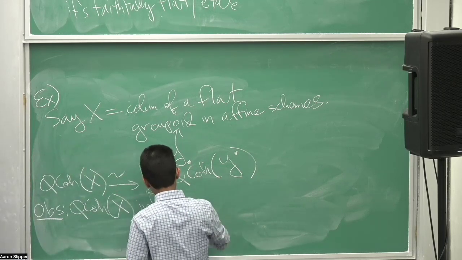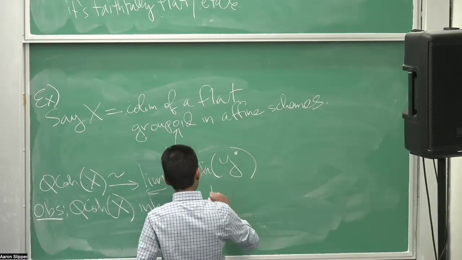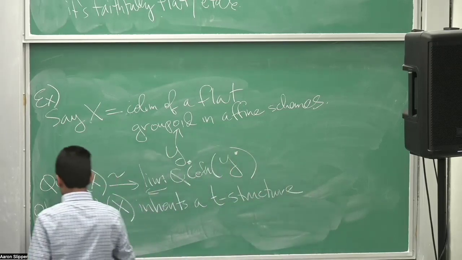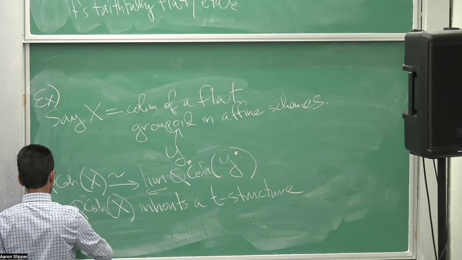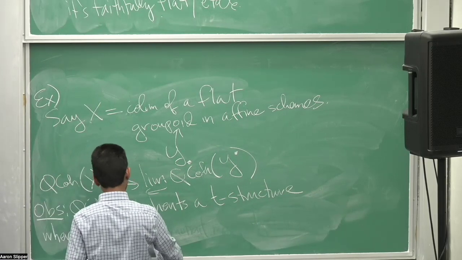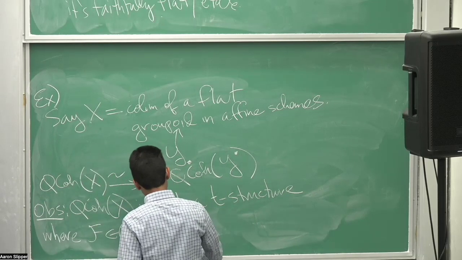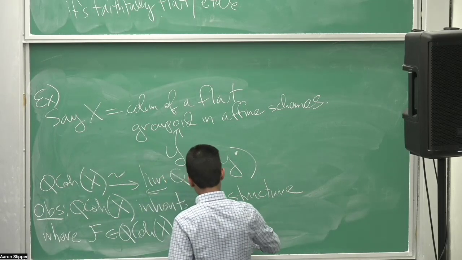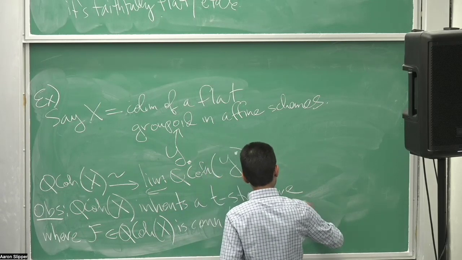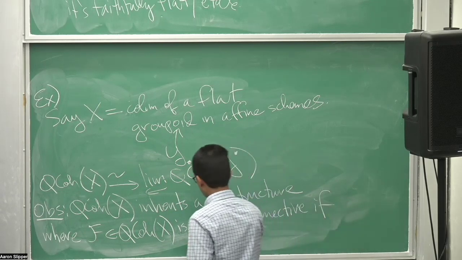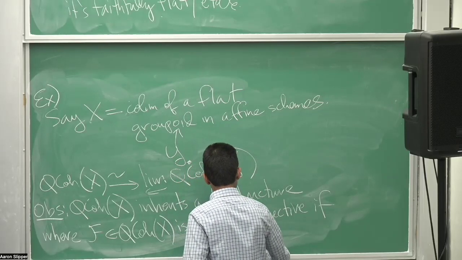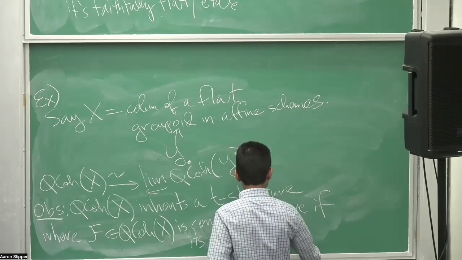So it inherits a t-structure, where an object F in QCoh of X is either connective or co-connective if its pullback to Y0 is.